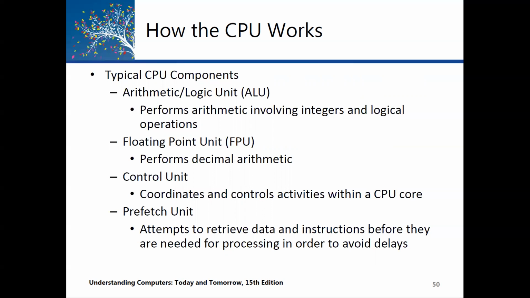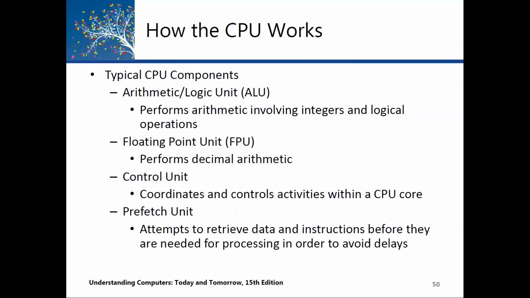In other words, it directs the flow of electronic traffic within the core, much like a traffic cop controls the flow of vehicles on a roadway. Essentially, the control unit tells the ALU and FPU what to do and makes sure that everything happens at the right time in order for the appropriate processing to take place, right?